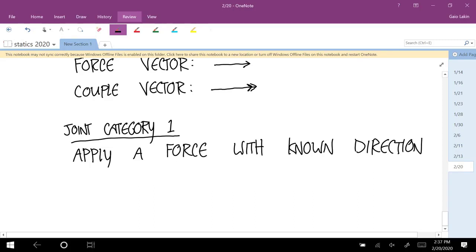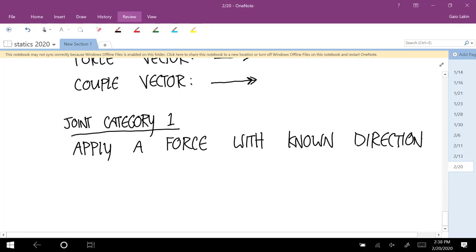How many variables do you need to represent a force with a known direction? So for a force vector, if you didn't know the direction, you'd need all 3 components, right? If you do know the direction, though, you know a unit vector, and you can just think of that force as a number times a unit vector. So there's only 1 variable you need in this case.